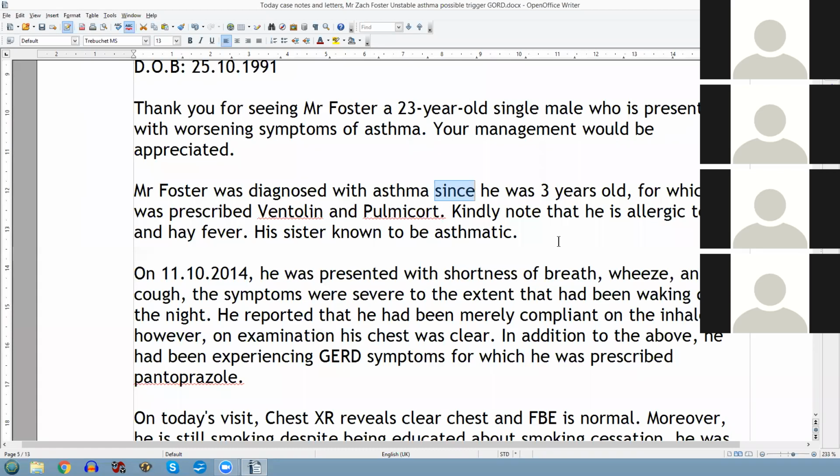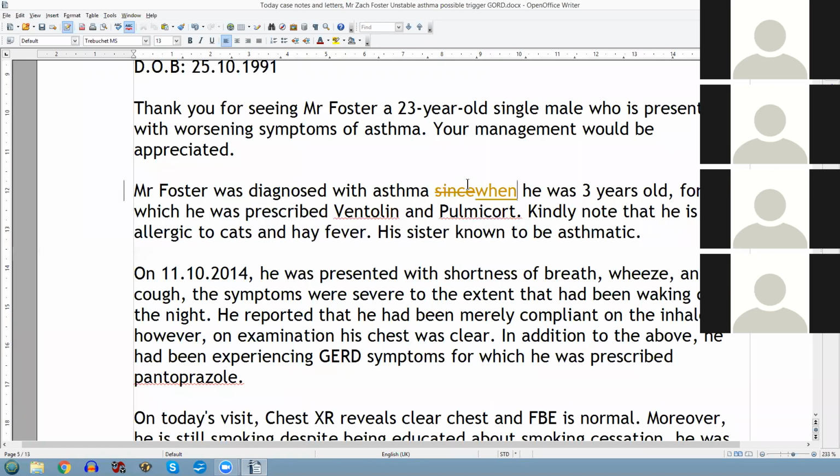Has been, yeah? But because it's the simple past in passive, was diagnosed with asthma when he was 3 years old. So you've got to watch simple past and present perfect. Okay. So Mr. Foster was diagnosed when he was 3 years old.